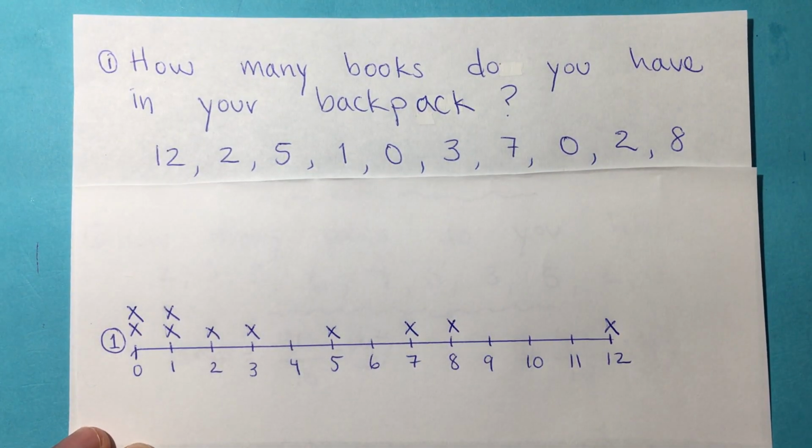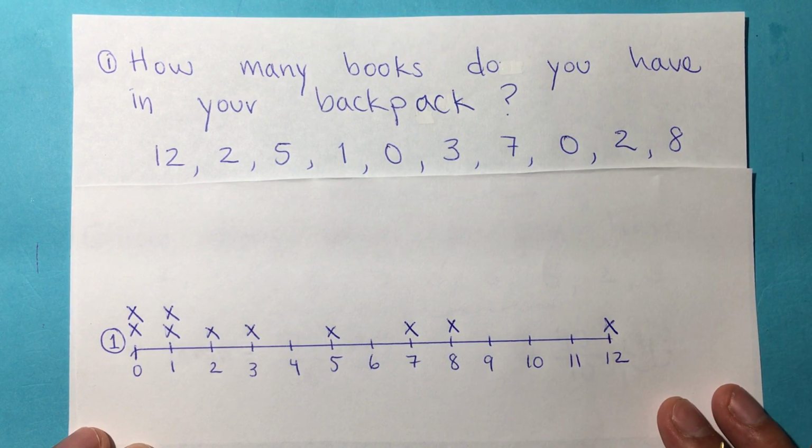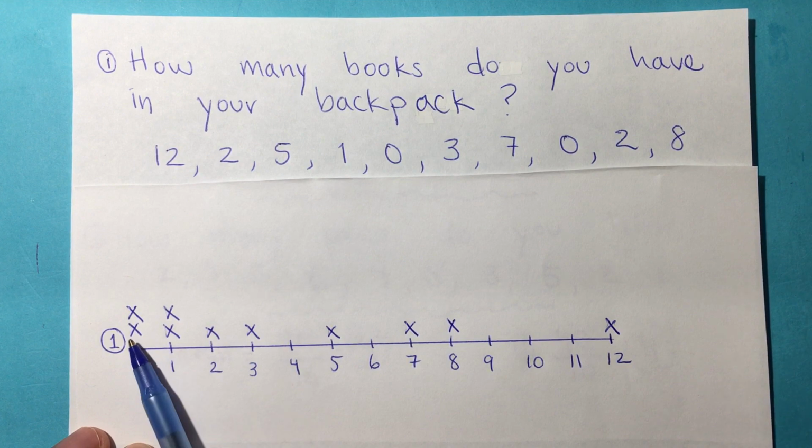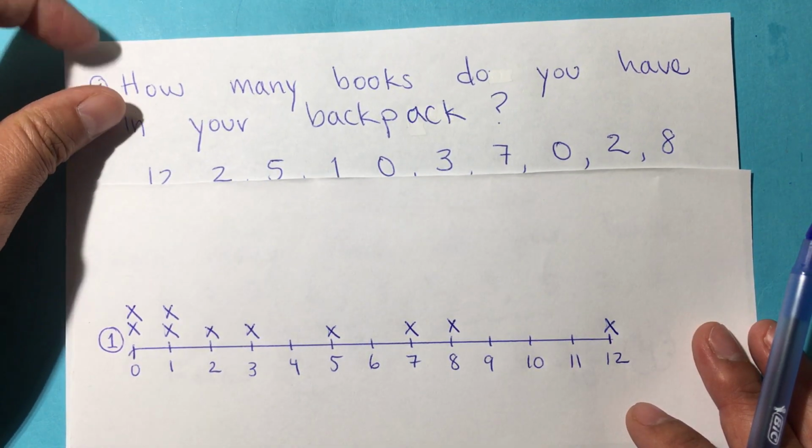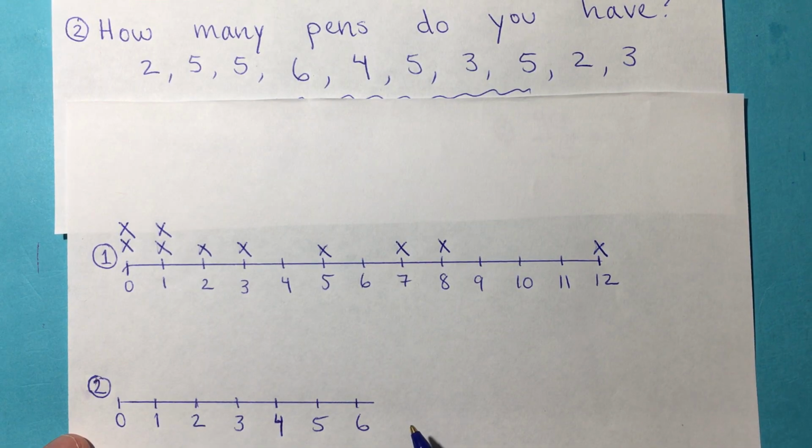And so those are the data set being graphed. And as you can see, the data is spread from 0 all the way to 12. Now, what about the second one? I'm going to graph it here.